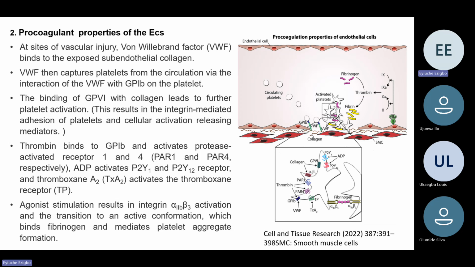Also, thrombin binds to glycoprotein 1b and activates protease-activated receptor 1 and receptor 4. Agonist stimulation results in integrin activation and transition to an active conformation which binds fibrinogen and mediates platelet aggregation. We'll still see this description as we go further.